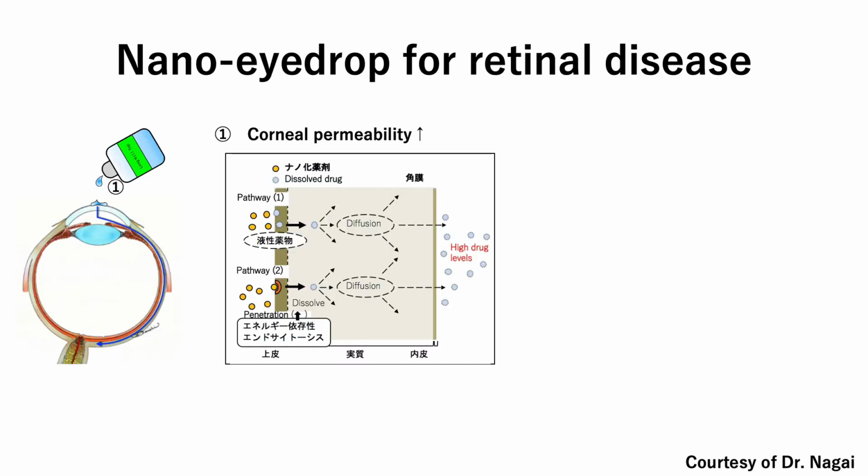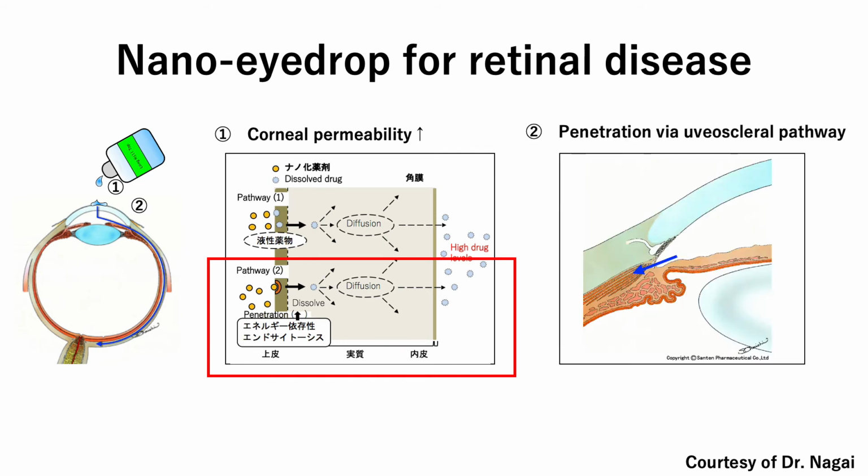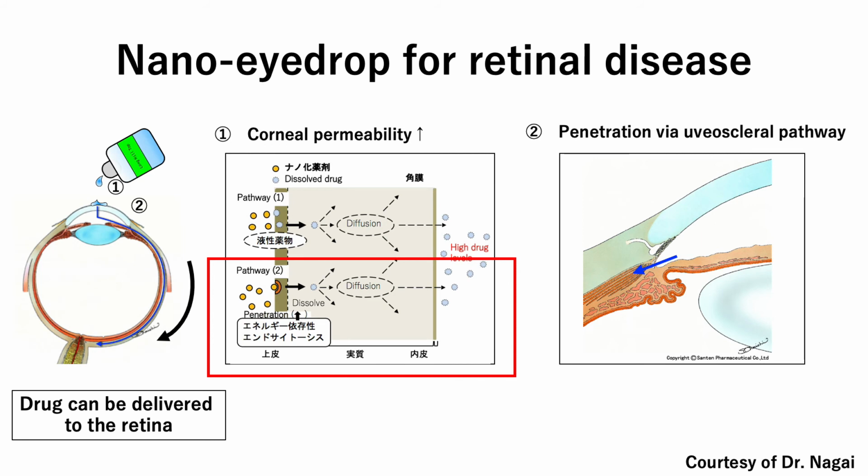To prevent these systemic side effects, we use a nano eye drop technique to use fenofibrate as a topical eye drop. This technique increases the corneal permeability, and the drug can be delivered to the retina by penetration via the uveoscleral pathway.